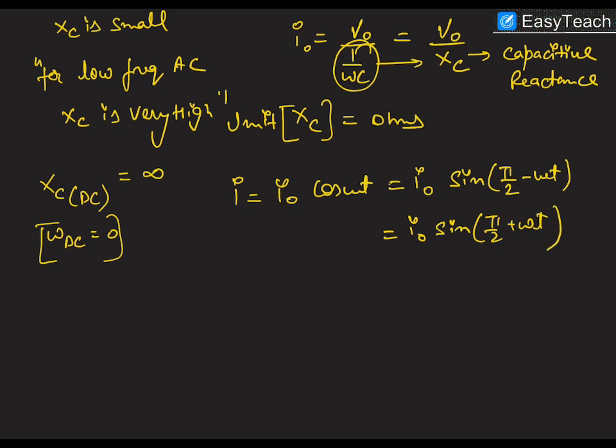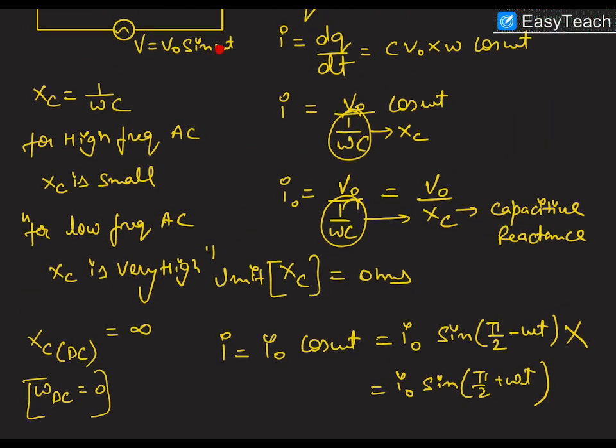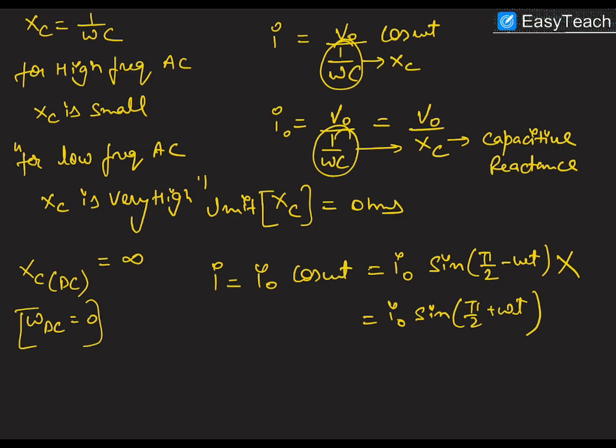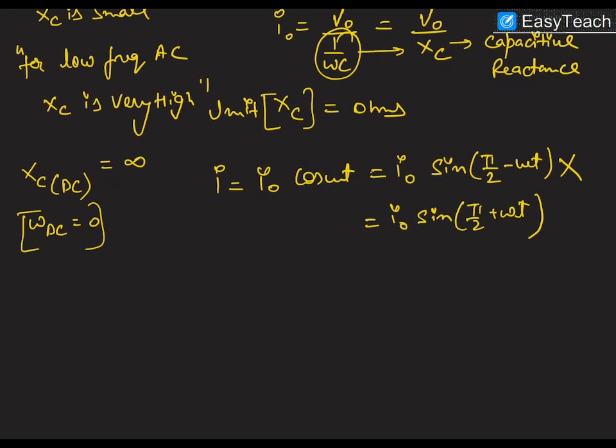But obviously you can predict the correct one, because this is wrong, because in this case you have taken the sign of omega as negative, which is not true, because originally omega is positive, so you cannot make omega negative. So the correct one is this one.